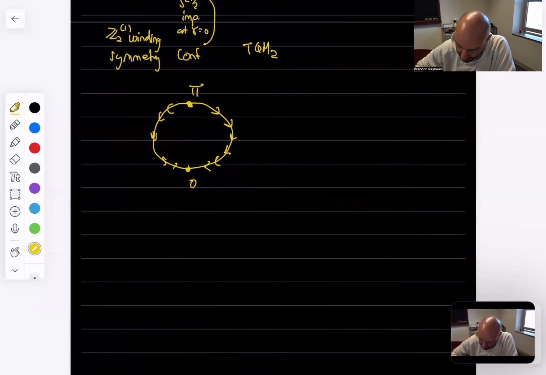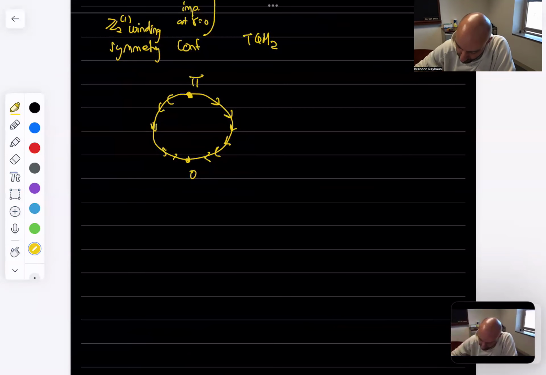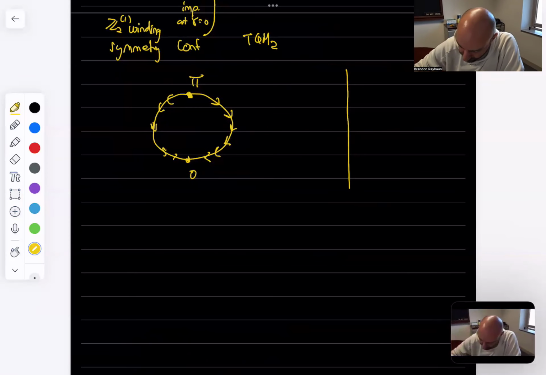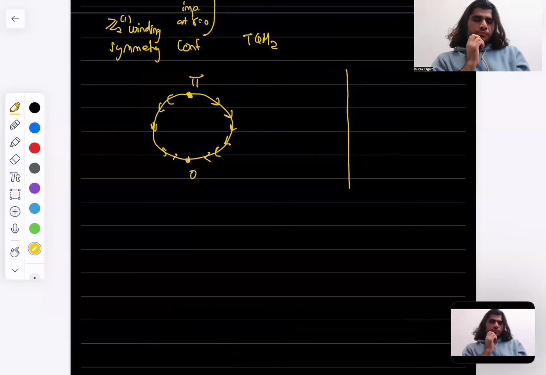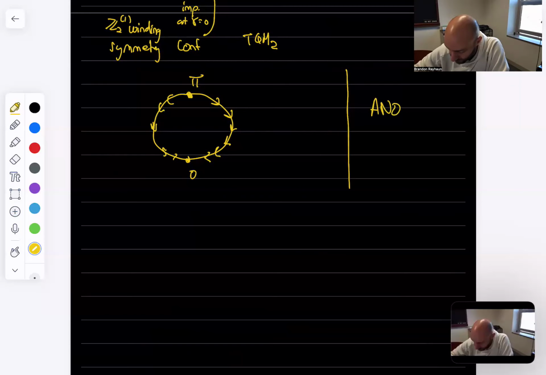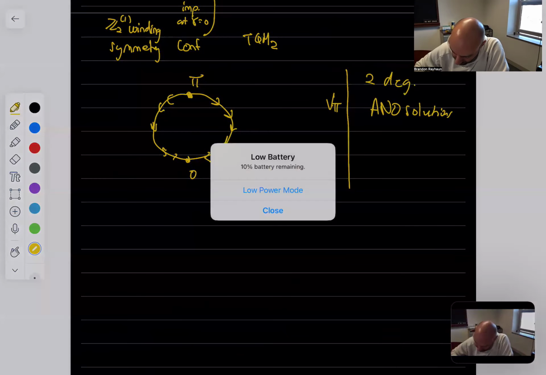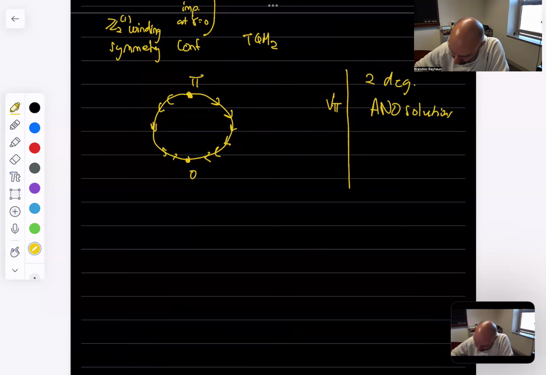We argued that if you insert this vortex line and you look for classical solutions of the equations of motion, then you find ANO-like solutions that are doubly degenerate with each other, two degenerate ANO solutions.